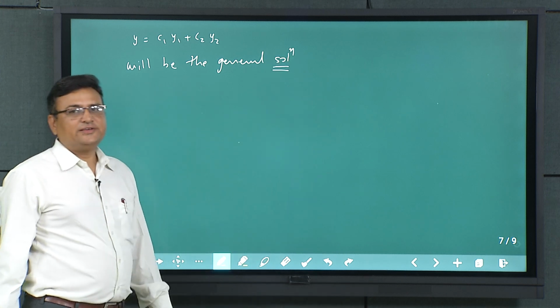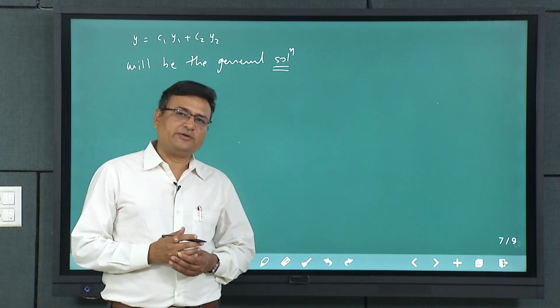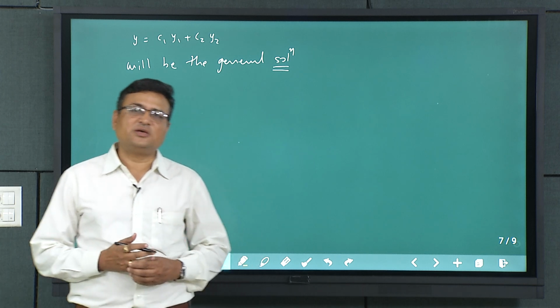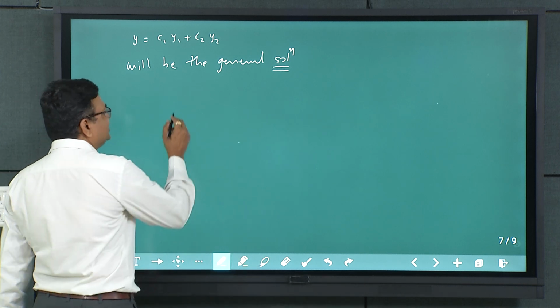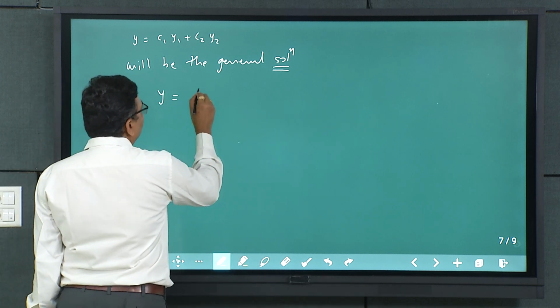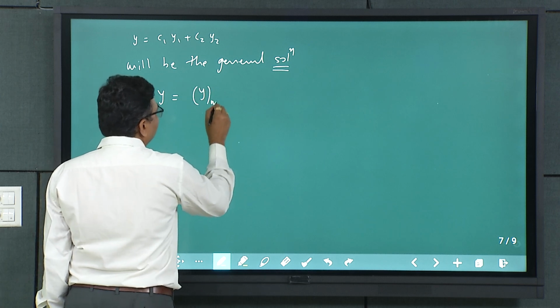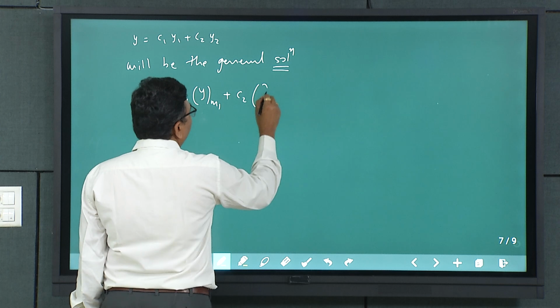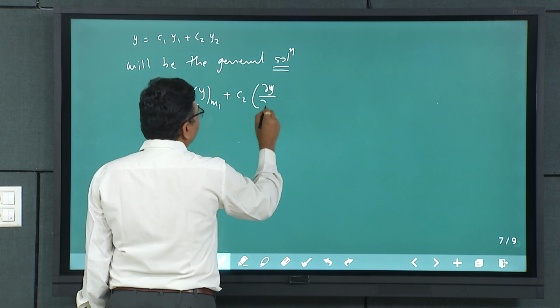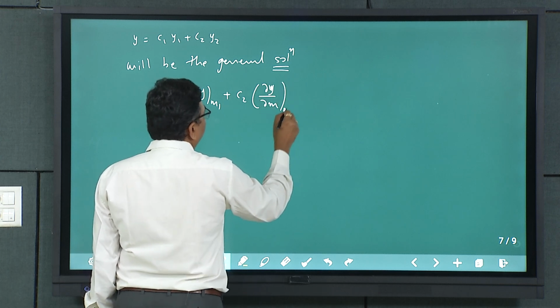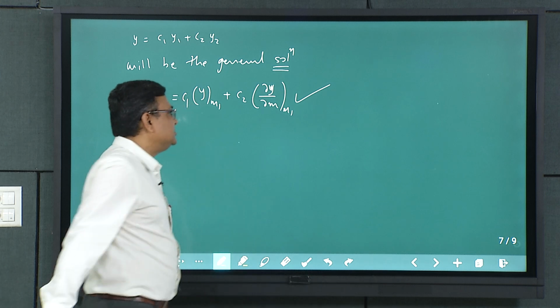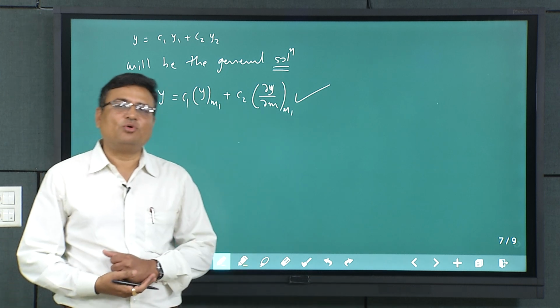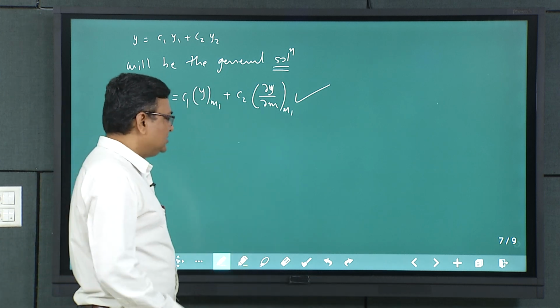So in this case the roots are repeating, so 0, 0, 2 times are repeating. So we use this method that y is equal to y at m 1, plus c 1 plus c 2, take the partial derivative of y with respect to m and put m 1. So we use this second case of Frobenius method.